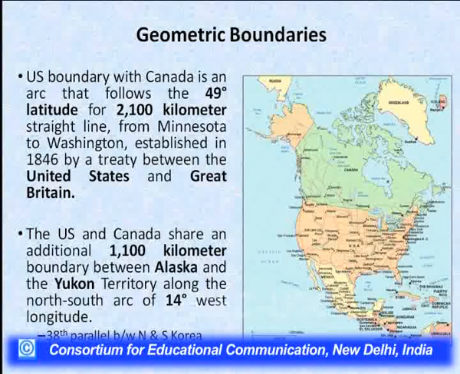It was established in 1846 by the United States and Britain, because Canada was under British rule at that time. Another part of the US and Canada boundary is along the Alaska border, which is a 1100 kilometer long line between the Alaska and Yukon Territory region, divided along the 141-degree west longitude line.